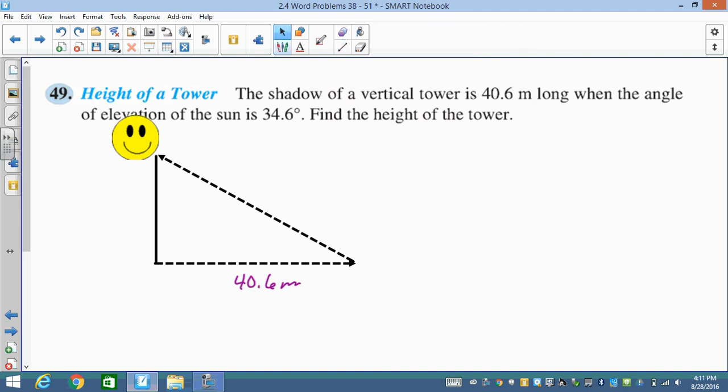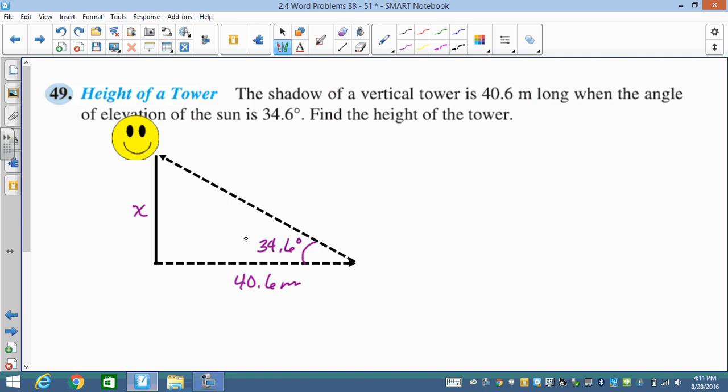That way I have my triangle that's really not there, and my angle of elevation is 34.6 degrees. They want to know what is the height of the tower, so we're looking for this.